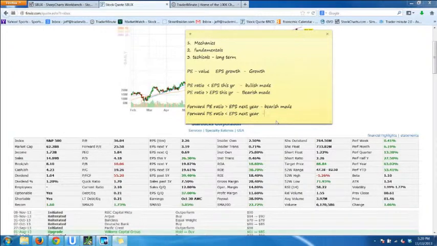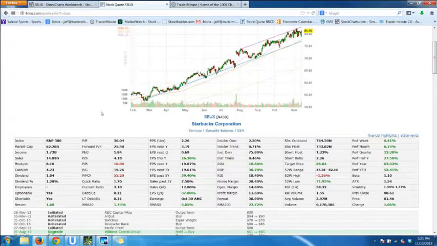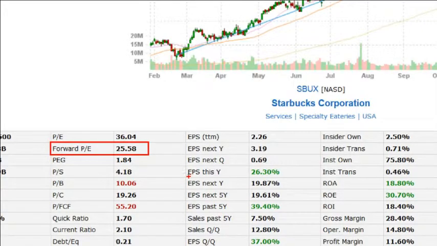So let's make the same comparison using the forward PE, which brings into account earnings for next year, and let's look at the earnings for next year. Our forward PE is at 25, and our earnings per share next year is at about 20. Not as bad of a comparison as the current year.